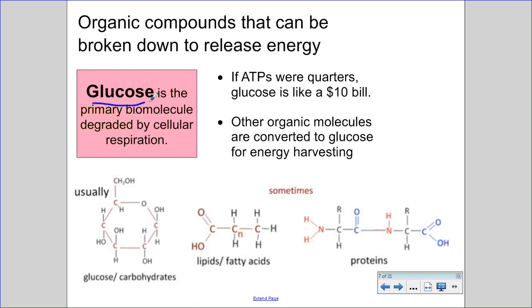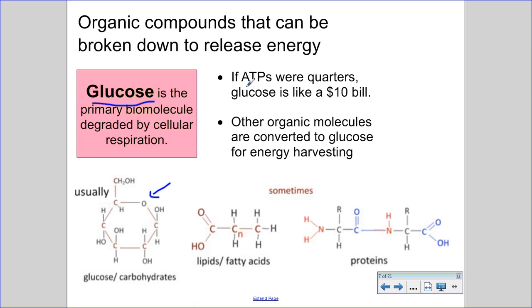Now, glucose is the primary molecule that is broken down by cellular respiration. There's a lot of energy contained within the bonds of glucose, and by breaking those bonds, that energy gets released and can be harnessed to generate ATP.